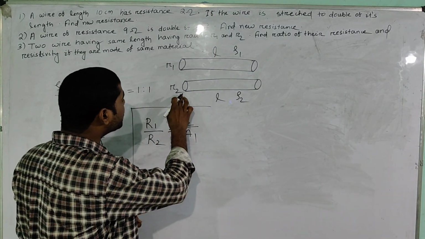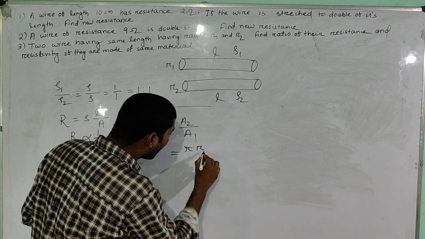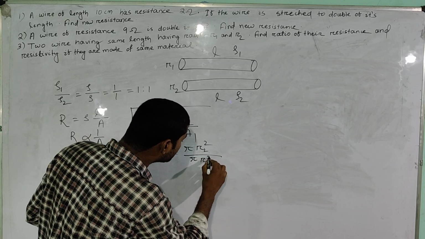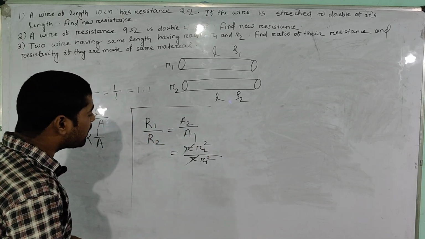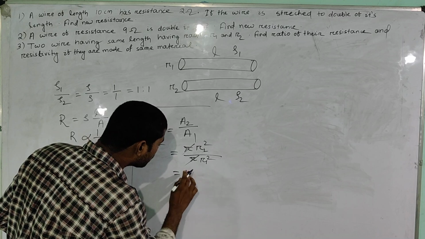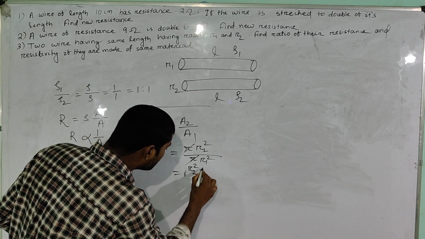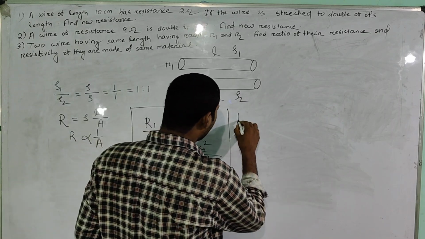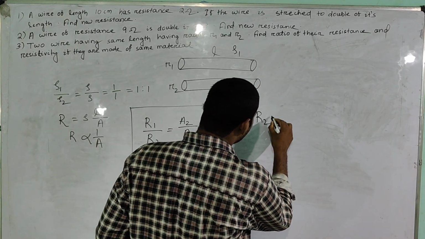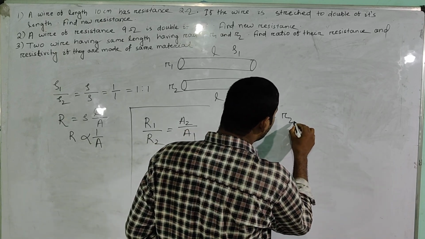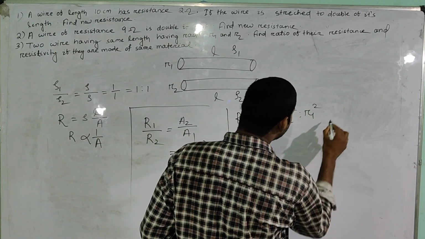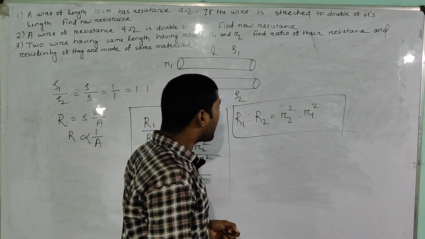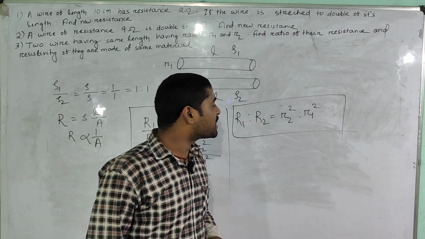So A2 is pi R2 square, A1 is pi R1 square, pi cancels, so this is R2 square divided by R1 square. Okay, so the ratio R1 to R2 equals R2 square to R1 square. So the ratio of their resistance is R2 square to R1 square.